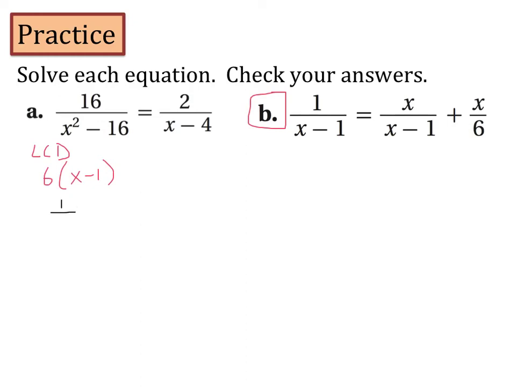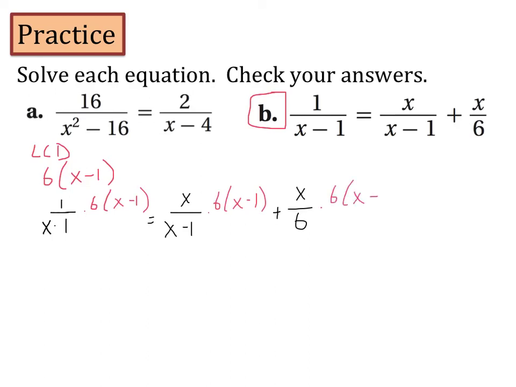So we have 1 over x minus 1 times 6 times x minus 1 equals x over x minus 1 times 6 times x minus 1 plus x over 6 times 6 times x minus 1. So we multiply each fraction by that, and then we cancel out.